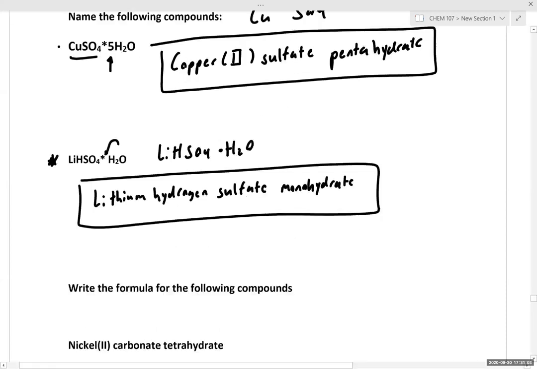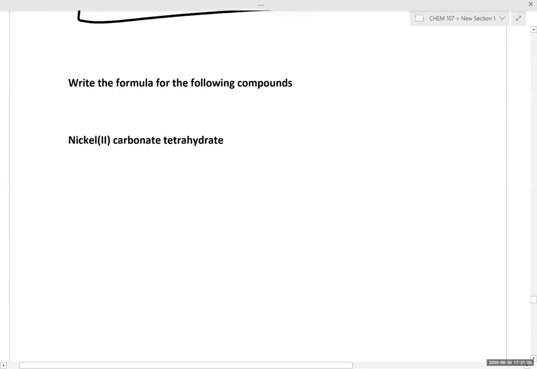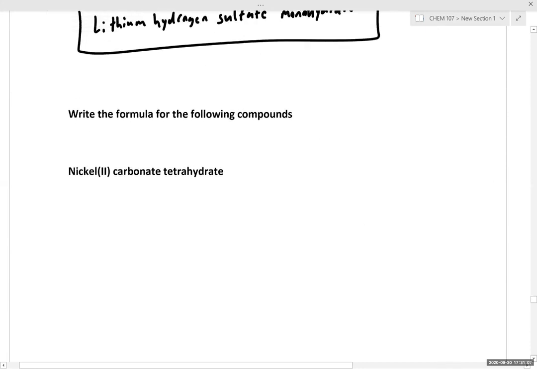So let's now try another variant of this problem, and let's work on writing the formula for the following compound. So we have nickel 2 carbonate tetrahydrate. So let's spend about 2 or 3 minutes and try to write a valid formula given the following name.